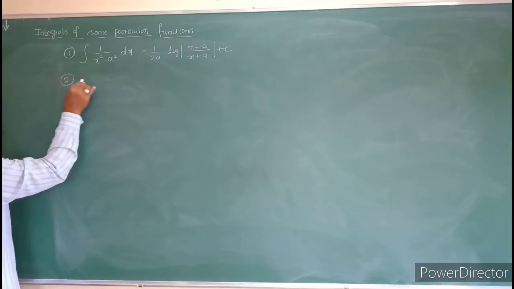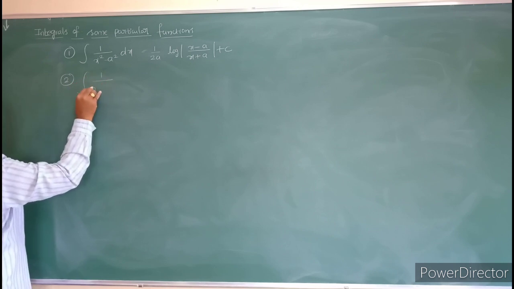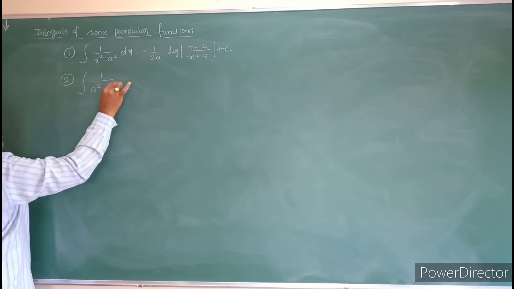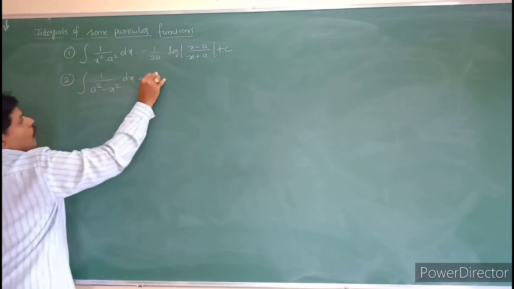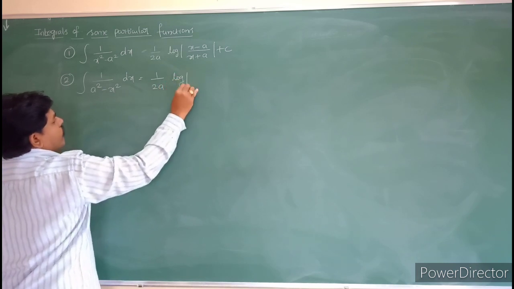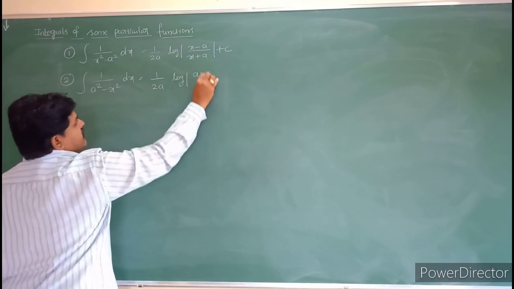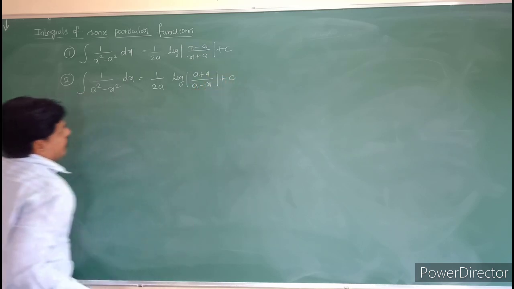See the second one: integral of 1 by a square minus x square into dx. That is 1 by 2a into log of mod a plus x by a minus x plus c.